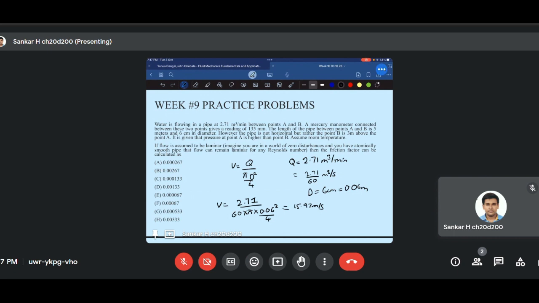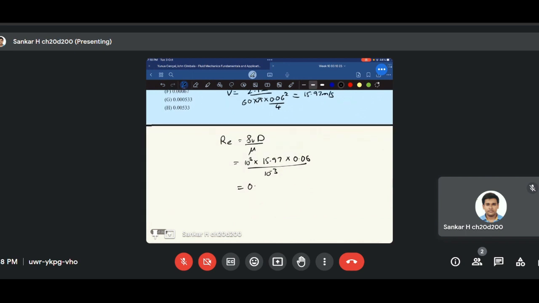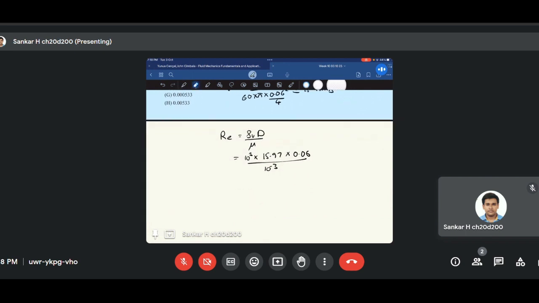Therefore, the Reynolds number in this problem would be rho V d by mu, which is 10 raised to 3 times 15.97 times 0.06 by 10 raised to minus 3. This value comes to 95820.